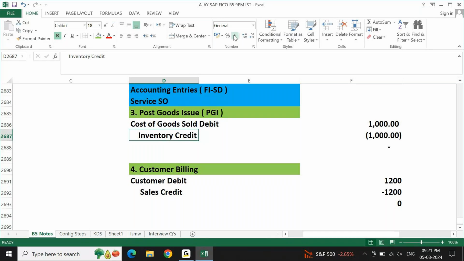Your material is also represented as a service. Let's say inventory service. In short, this is nothing but a service material credit, but technically you remember this as a material only. We will be representing service material and then the normal material. This is the accounting entry in this case.